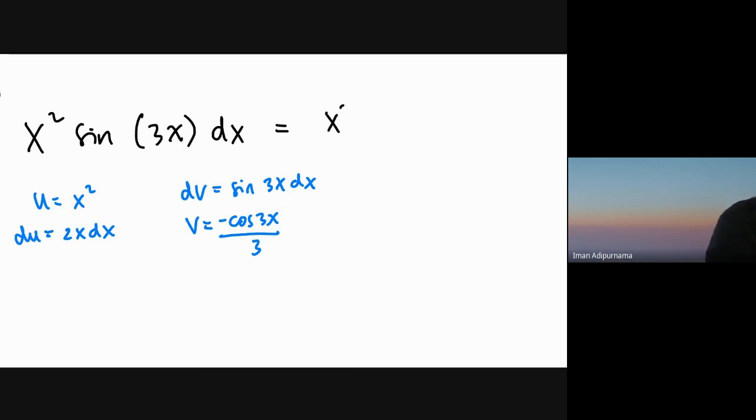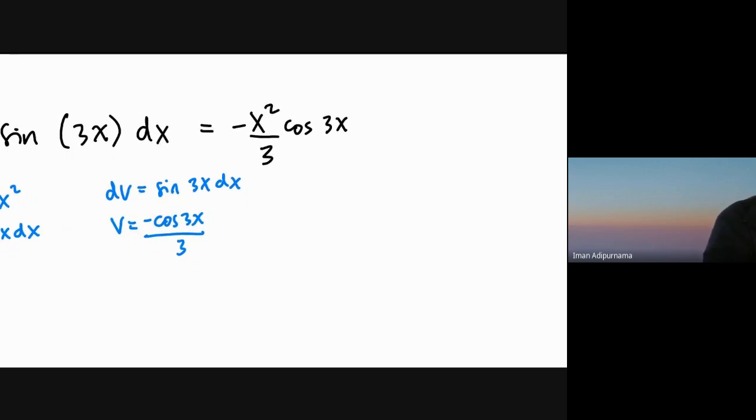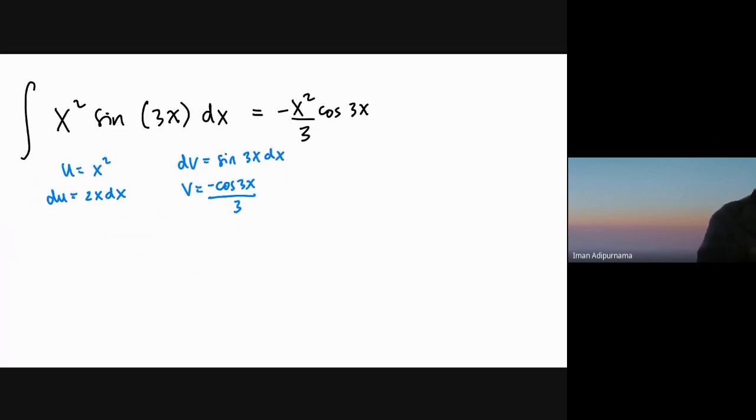So uv is minus x squared cos 3x over 3, and v du is minus, so we have plus here. v du is 2x over 3 cos 3x dx.